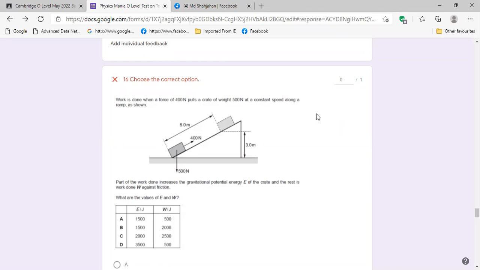So you think of it. The gravitational potential energy, it means it is work done against the gravity, isn't it? So work done against the gravity, which length we will take? We will take 3 meter or we will take 5 meter? Which one will take?